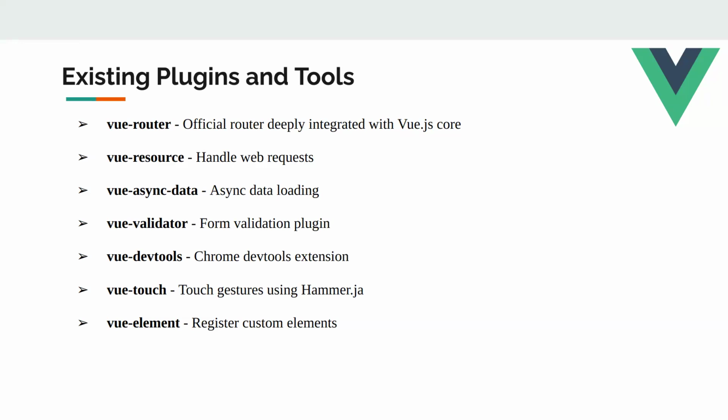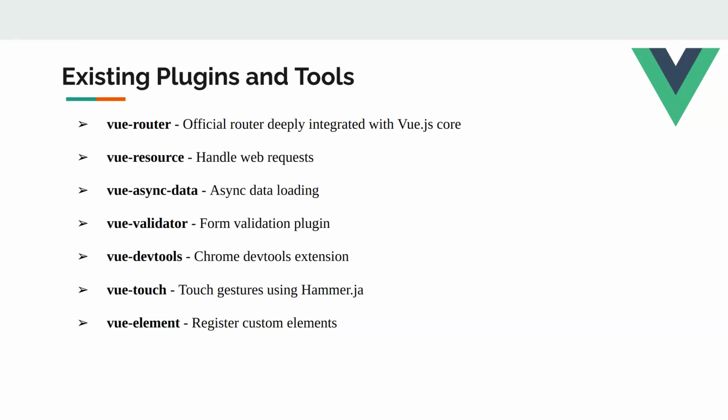Then the second one is Vue Resource. This plugin is used for making requests and handling responses. That type of thing is handled in this plugin. And the third one is Vue Async Data. Vue.js renders asynchronously, so we need a plugin for that.